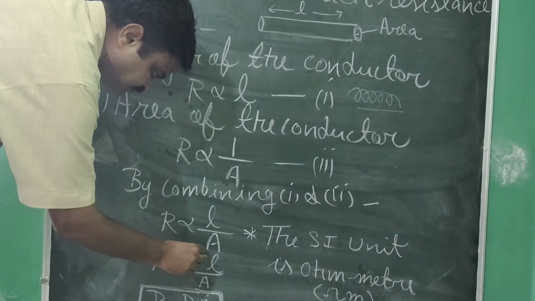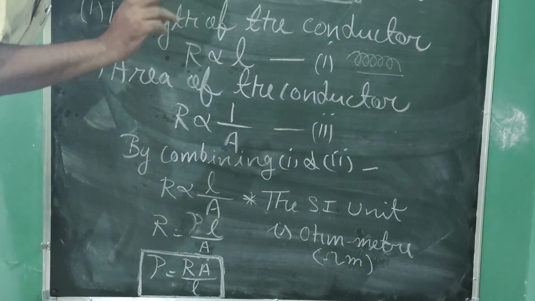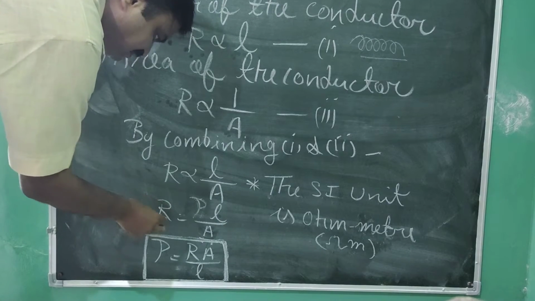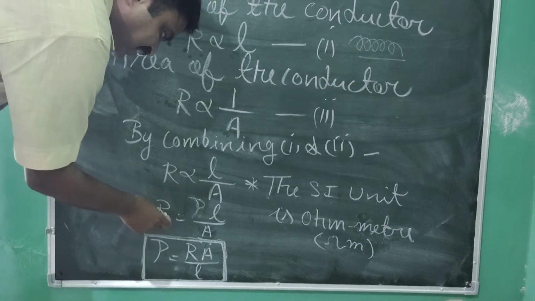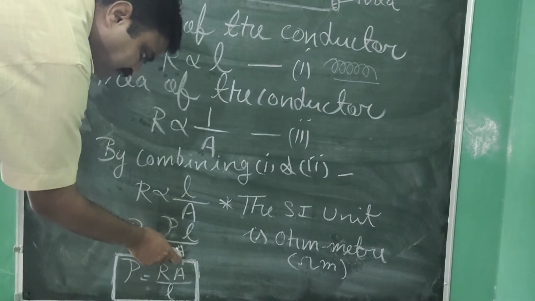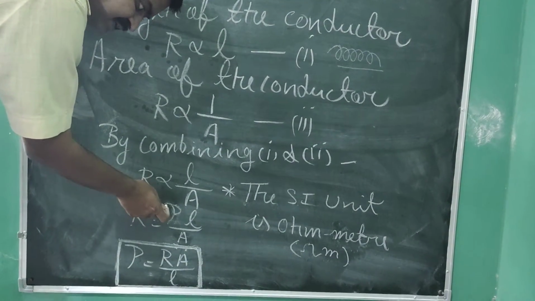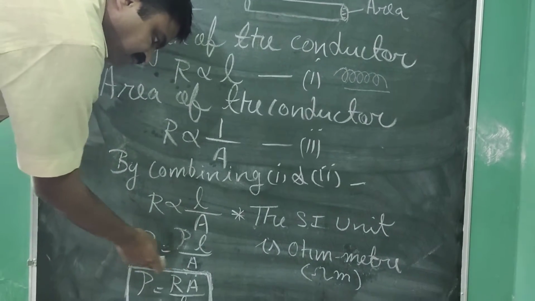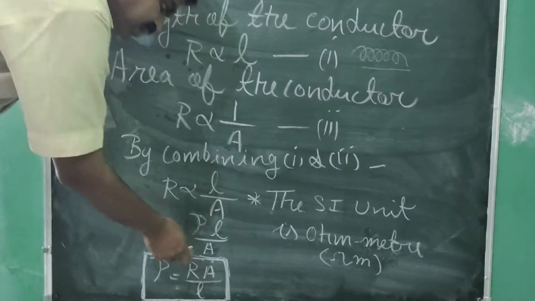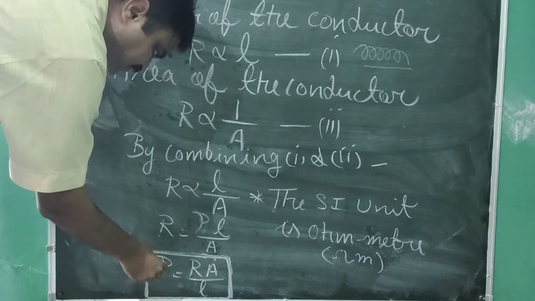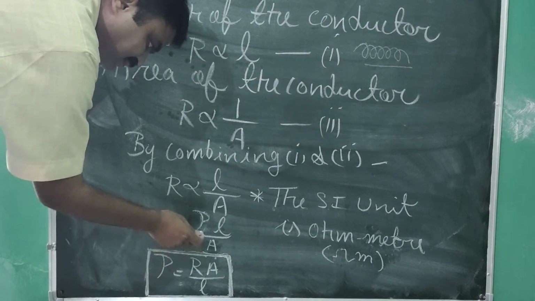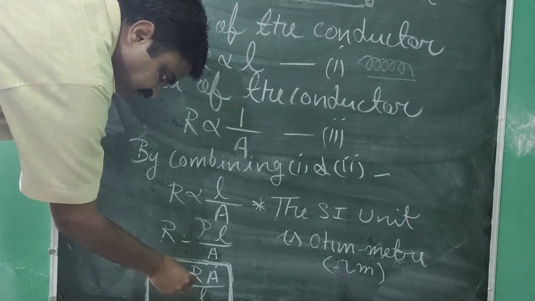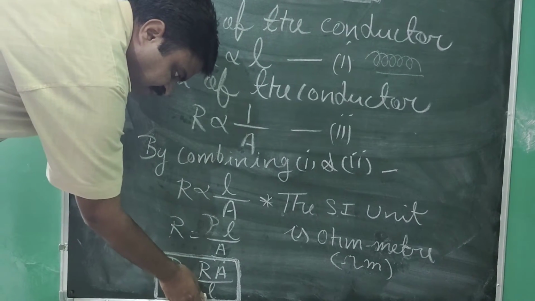That symbol is known as rho, R-H-O, rho. And the formula for the resistance that we get is resistance is equal to rho L upon A. Rho is the resistivity, L for length and A for area. So with the help of this formula, we can also get the formula of resistivity. The formula that we obtain is resistivity is equal to resistance into area upon L.